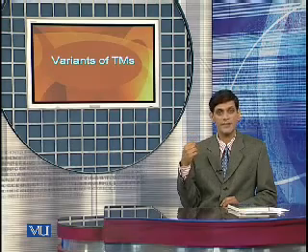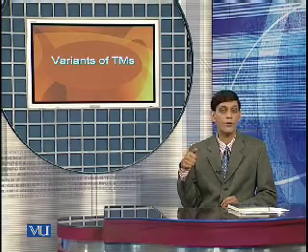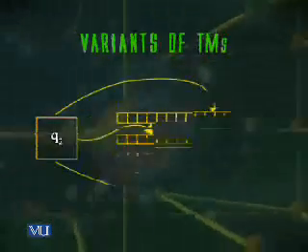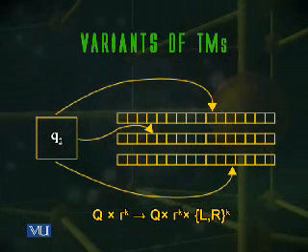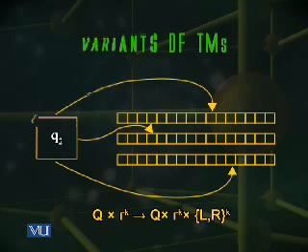It also decides that for the second head and the third head and so on for all K heads. When we look at a K-tape Turing machine, let's say a 50-tape Turing machine, it seems that it's much more powerful than a single-tape Turing machine. However, we will show this is not the case.